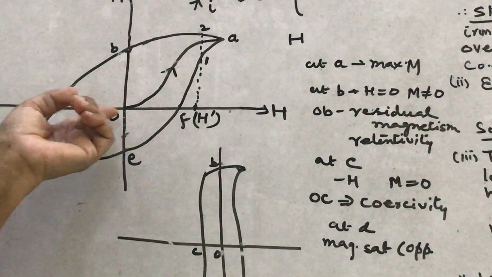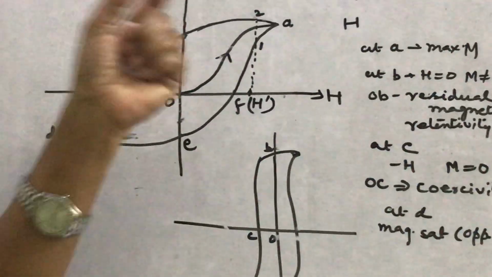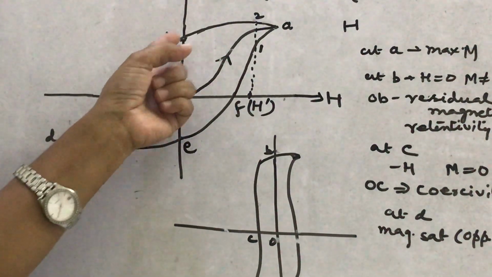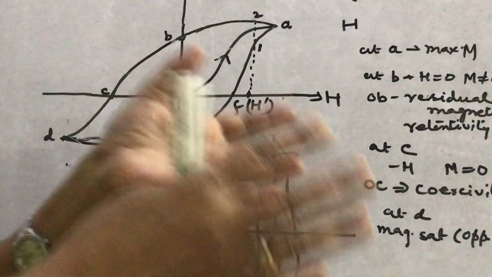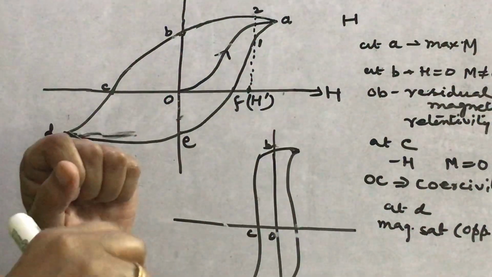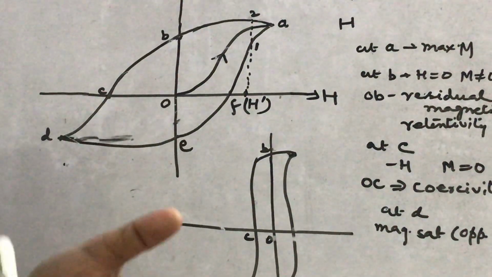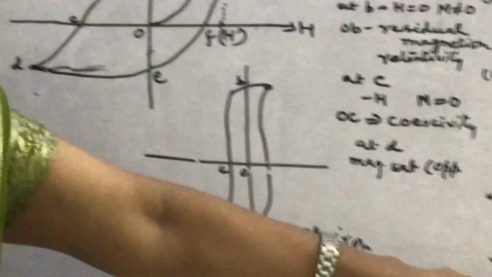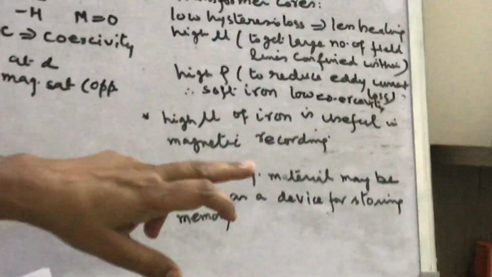But when the magnetic field intensity is decreased, at point B all the domains retain a certain memory, a certain orientation in that direction. That is useful in making a device for storing memory.